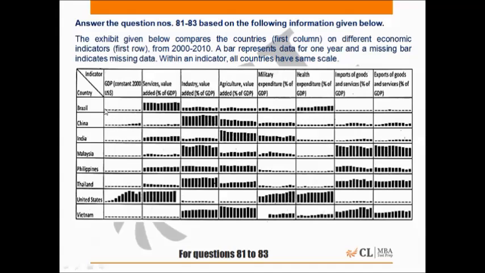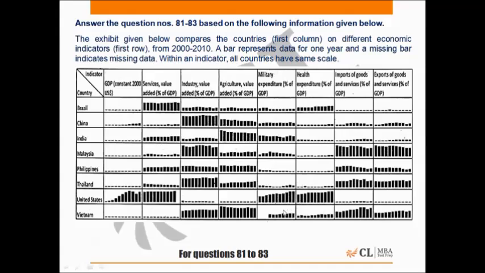Of course, it is not possible to find the value of this bar. We can just compare the GDP of 1 year with respect to other years, and we can do the same for other parameters like services value added as a percentage of GDP, industry, agriculture, military, and so on.